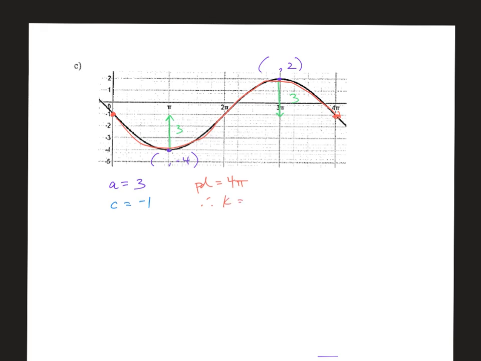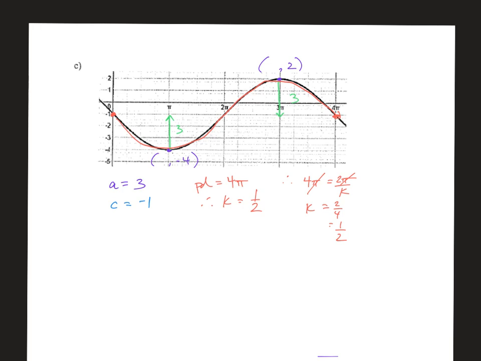I've clearly stretched that by doubling it. Therefore, my k value would have to be 1/2. Or again, we're saying that my period of 4 pi has to equal 2 pi over k. Multiply out your k, divide out your 4, and we come in on a value of 1/2. So we have everything that we need right there to be able to build the equation.